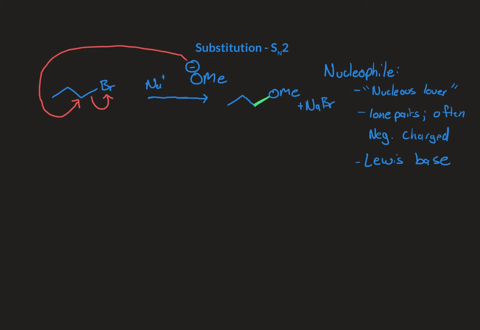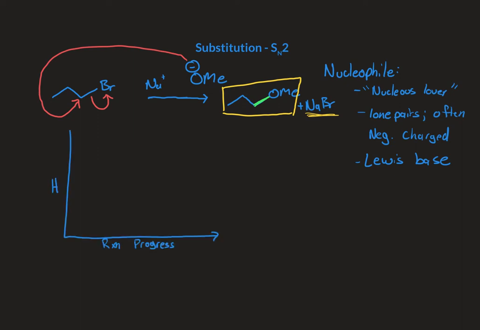Often when I'm concerned about the products of a substitution reaction, I would only care about the organic product, or the new ether that we formed in this reaction, and I might often leave off the sodium bromide as a major product. If we look at the reaction coordinate diagram for this reaction, it happens in a single step, and this particular reaction is exothermic.